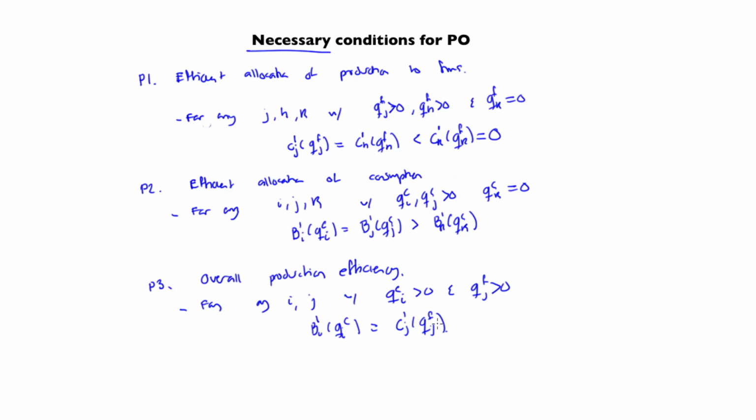Okay? Think of this as 3 classes of tests that any Pareto optimal allocation needs to satisfy. If they are violated, the allocation is not Pareto optimal.